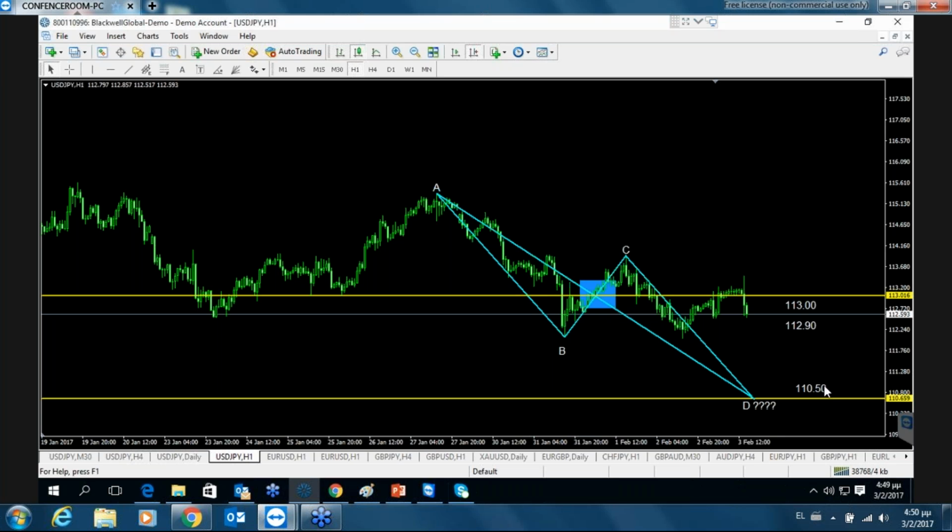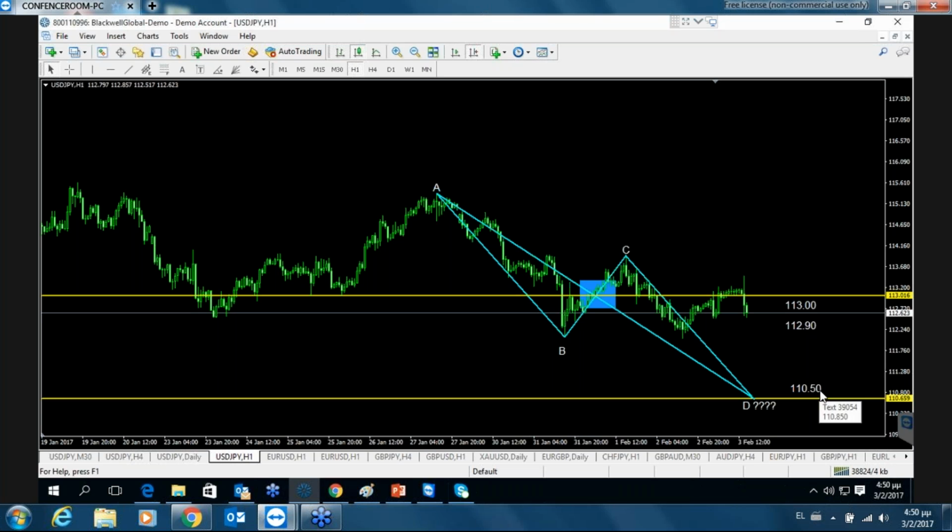So usually that psychological number is a very, very big area for you. So anything could happen at the 50 area, close to the 50, like a turnaround of price or anything can happen there. So if we were to take profit, it's probably best for us to exit early before the 110.50 area.